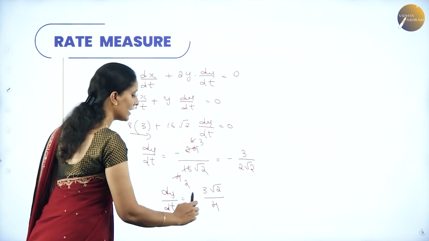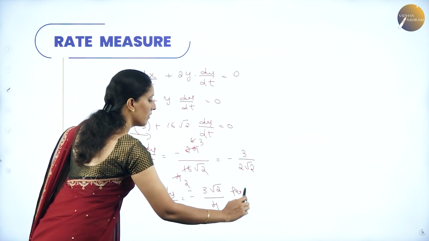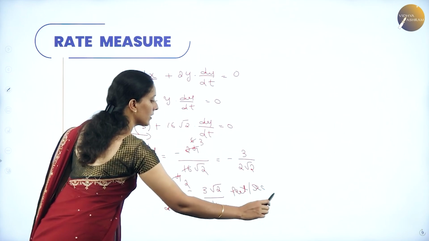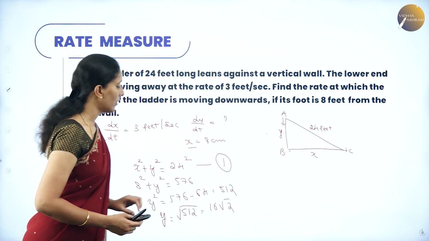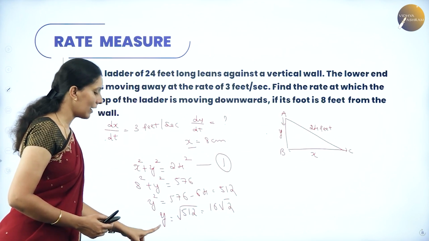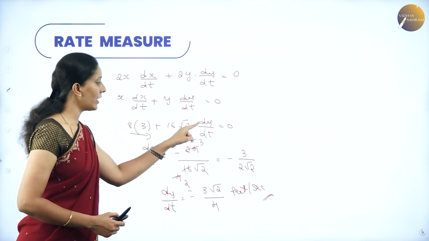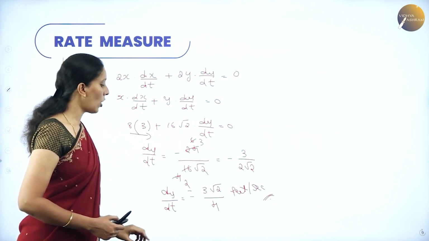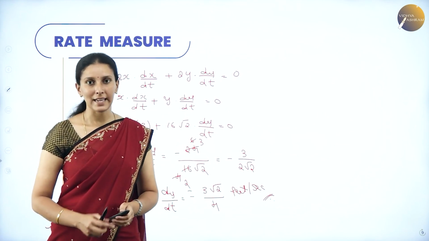The minus indicates it is moving downwards, so this is in feet per second. Thus, using the Pythagoras formula, we can calculate y, and differentiating equation 1, we find the top of the ladder is moving downwards at the rate of 3 root 2 by 4 feet per second.